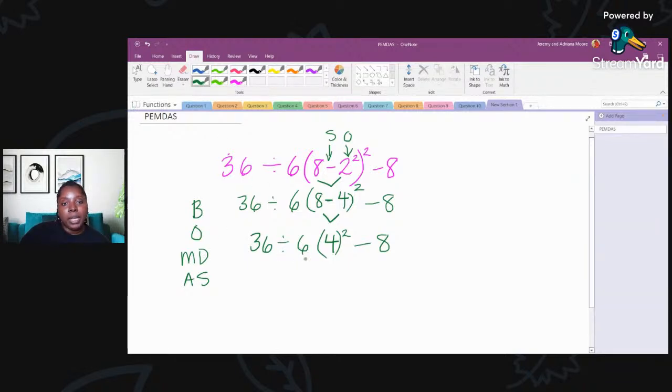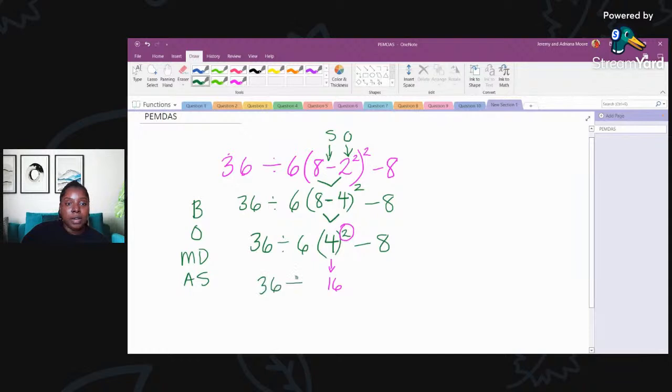We have multiplication. Remember, side by side, we multiply. We have exponents, and we have subtraction. What do we do first? Those exponents right there. So 4 squared is 4 times 4, which is 16. Okay, and let's keep it going.